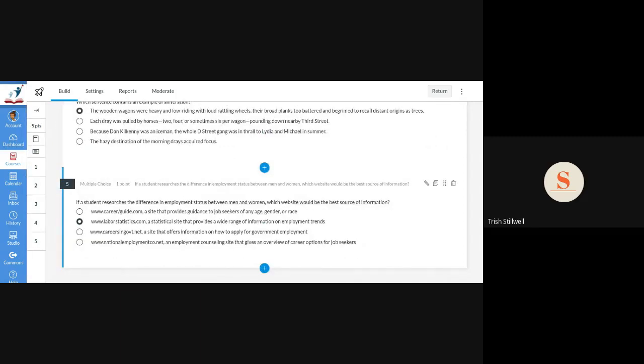Number 5, if the student researches the difference in employment status between men and women, which website would be the best source of information? We can do this because we know we should have mastered the research process. We are looking for a difference in employment status between men and women.